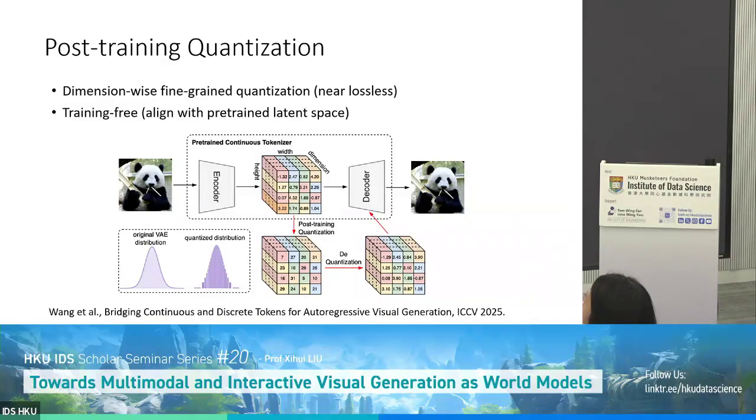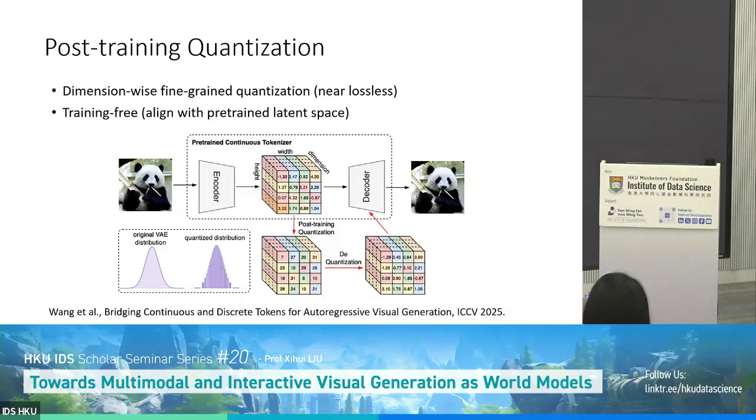So here we show the continuous tokenizer, and we use post-training quantization. We just quantize each number from the continuous tokenizer. For example, if it follows a Gaussian distribution, we just quantize this Gaussian distribution with a certain approach.